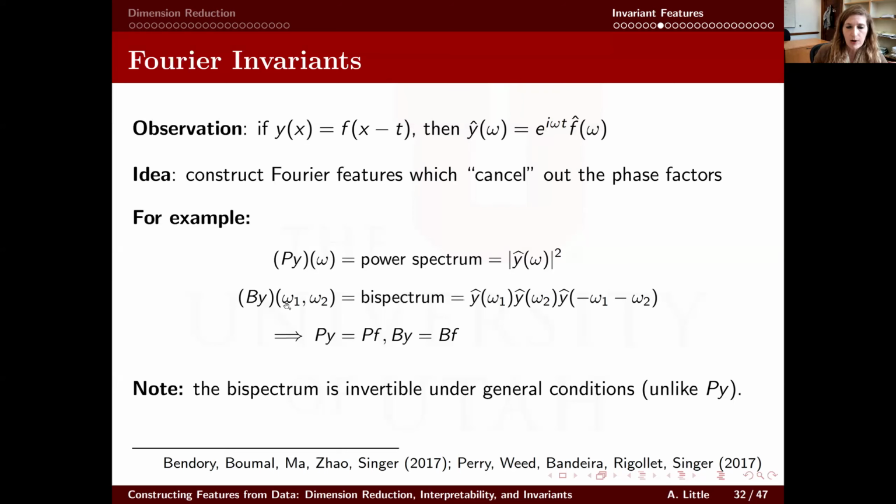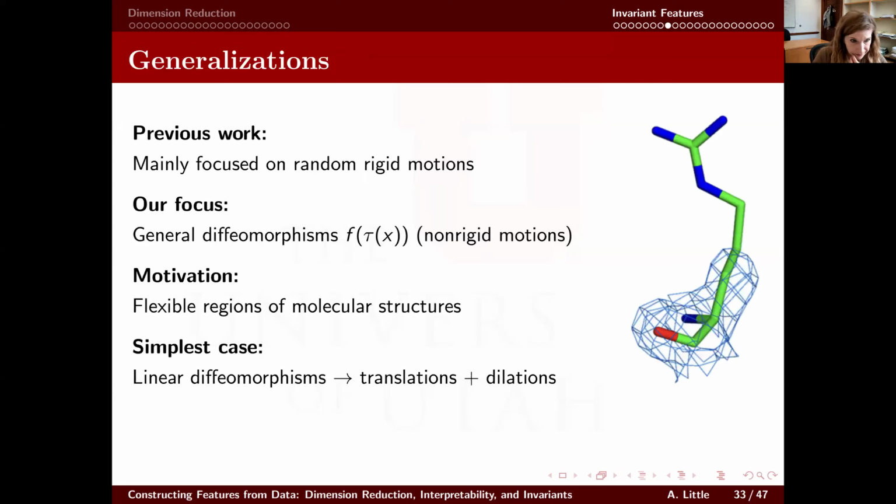The next most complicated thing that you can do becomes a function of two frequencies and is known as the bispectrum, where you combine the Fourier transforms together in this specific way, which cancels out all of those phase factors. Okay, so unlike the power spectrum, the bispectrum is invertible under pretty general conditions. And so there's been a lot of focus in the literature on using the bispectrum for recovering the hidden signal, and what sample size is required, et cetera.